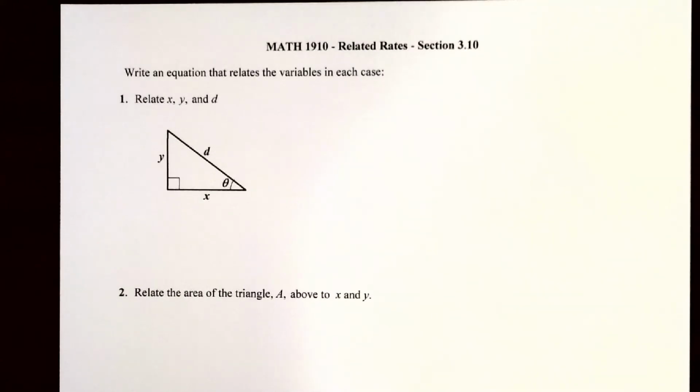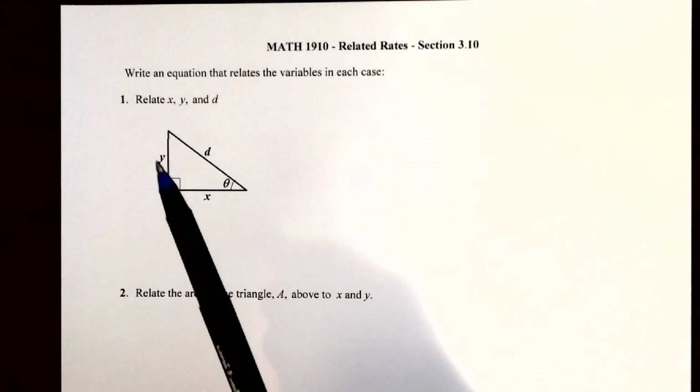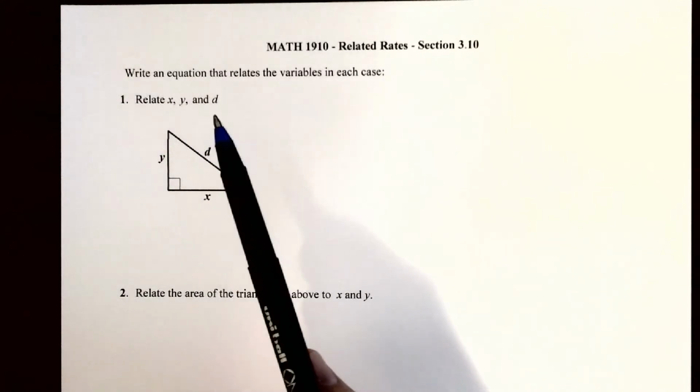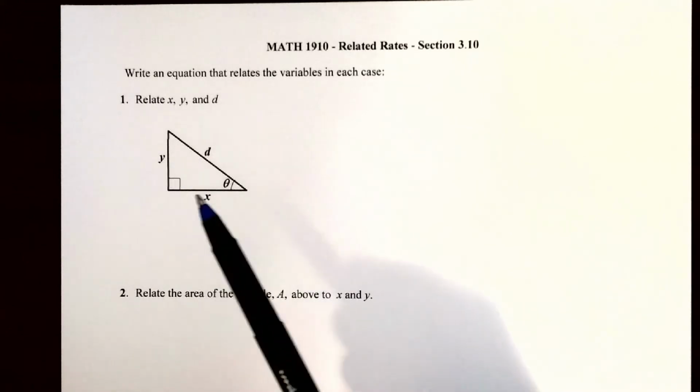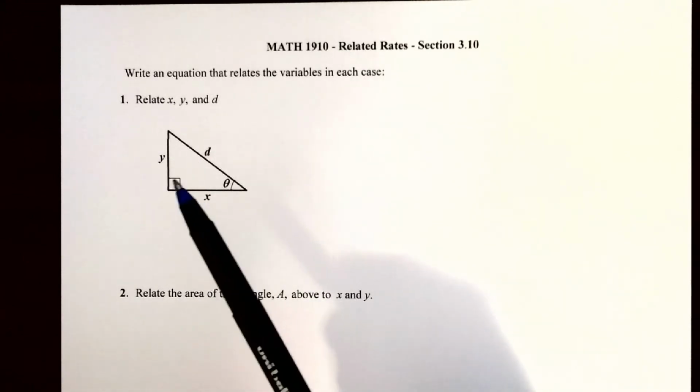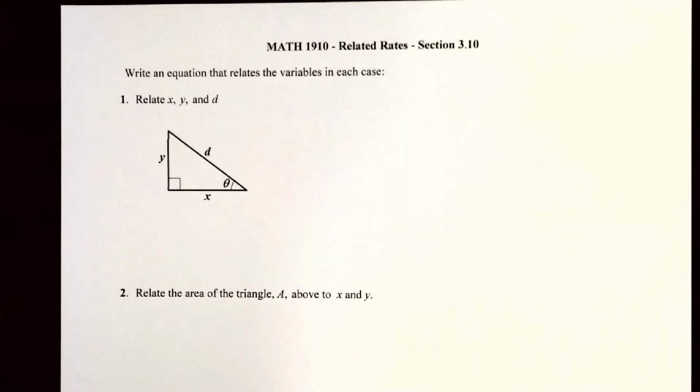Here we have a triangle, as you see, and what I'm interested in is relating the values of x, y, and d. Well, if you notice, x, y, and d are the various side lengths of a right triangle. And I hope what jumps out to you right away is the Pythagorean Theorem.